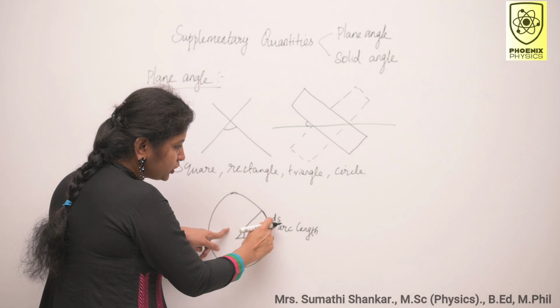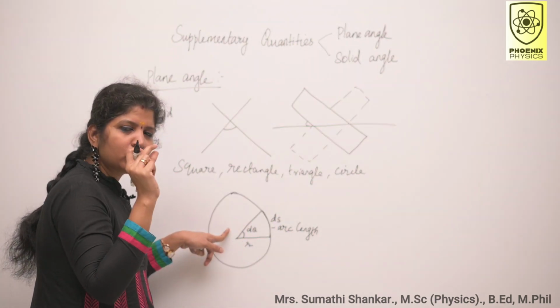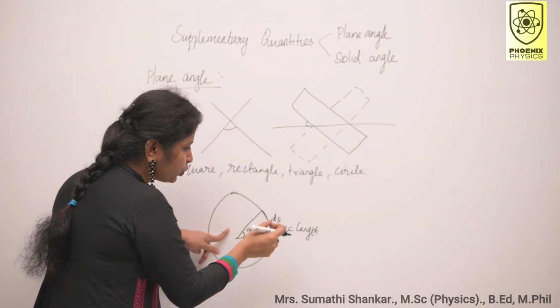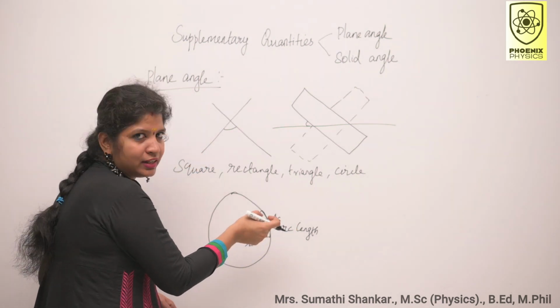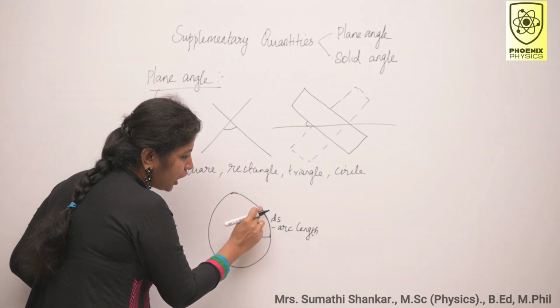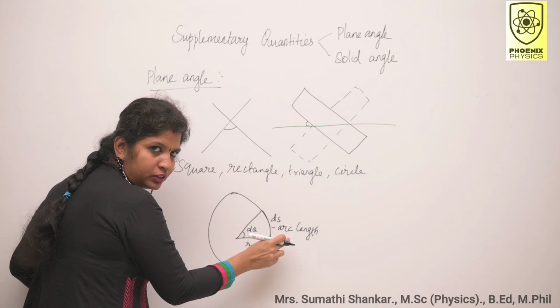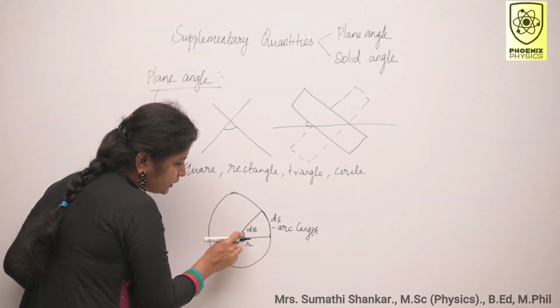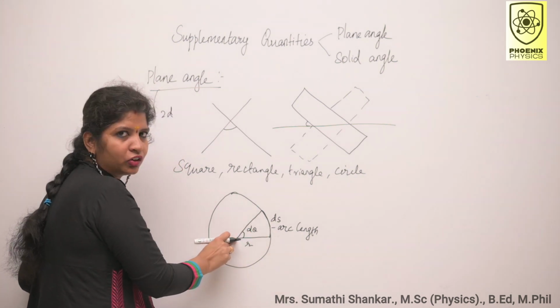Why am I choosing ds? Because it is a very small length. That is why I am denoting it ds. So this arc length subtends d theta at the center of the circle.